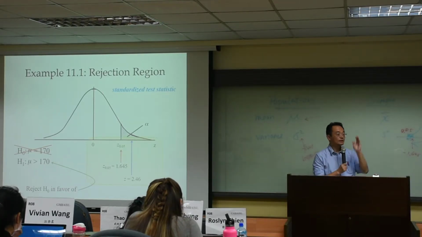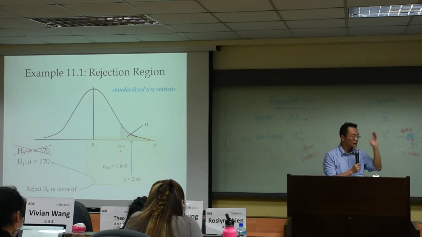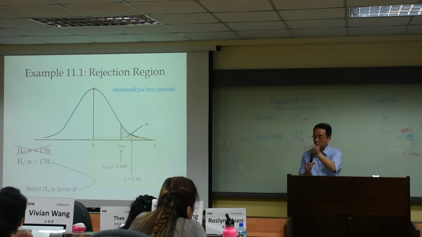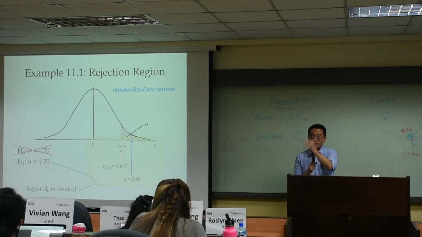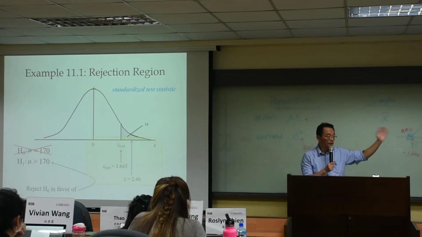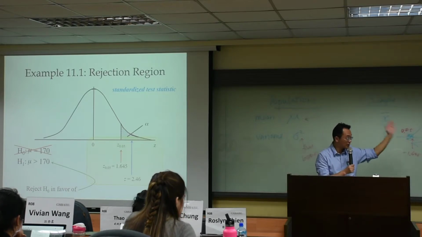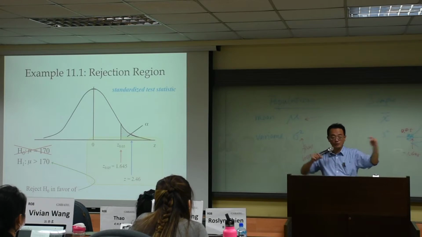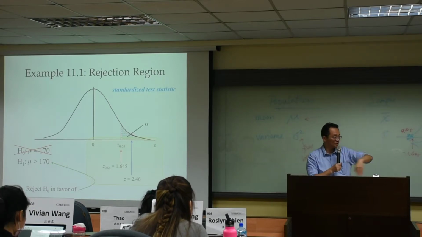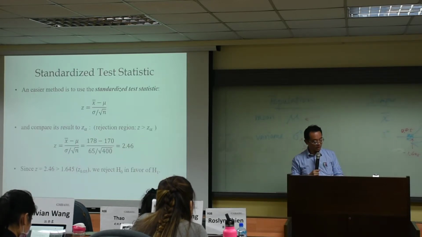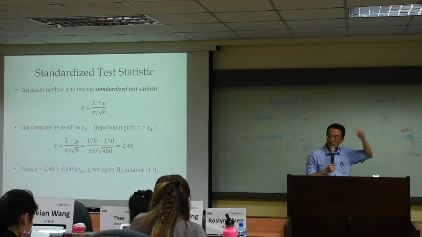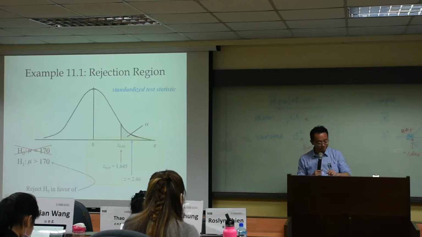Since every normal distribution can be standardized into standard normal distribution, in the following lectures we will use standard normal distribution only, because every normal distribution can be rephrased as standard normal. The way to rephrase it is just using this standardized process.